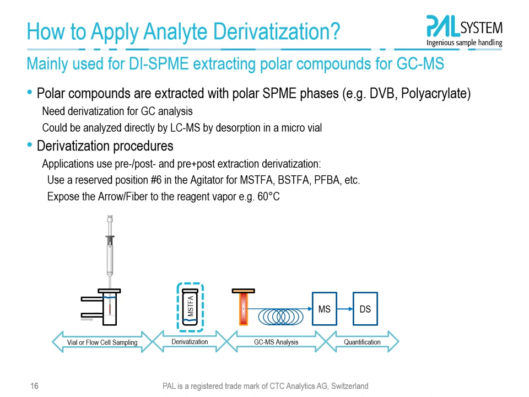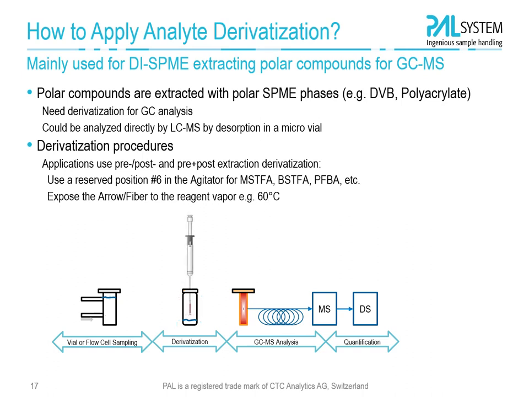This derivatization vial is put into a reserved position of the agitator, and it is kept at constant temperature, for instance at 60 degrees C. This allows us a pre, post, or a pre and post derivatization, which is very often described in the literature.